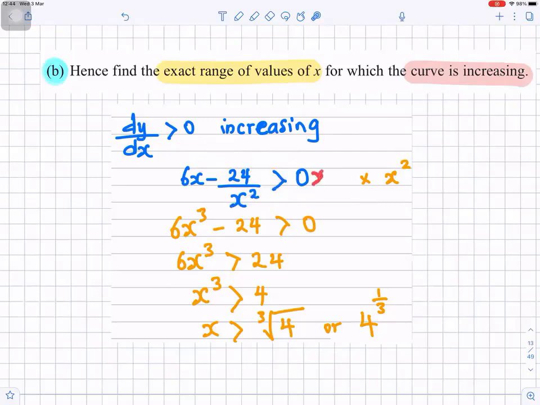And x squared times 0 will give you 0. So we take 24 to the right hand side, it becomes positive 24. So 6x cubed is greater than 24. You divide by 6. 24 divided by 6 is 4. X cubed is greater than 4. And we find the cube root of 4. So x is greater than the cube root of 4, or 4 to the power 1 over 3.